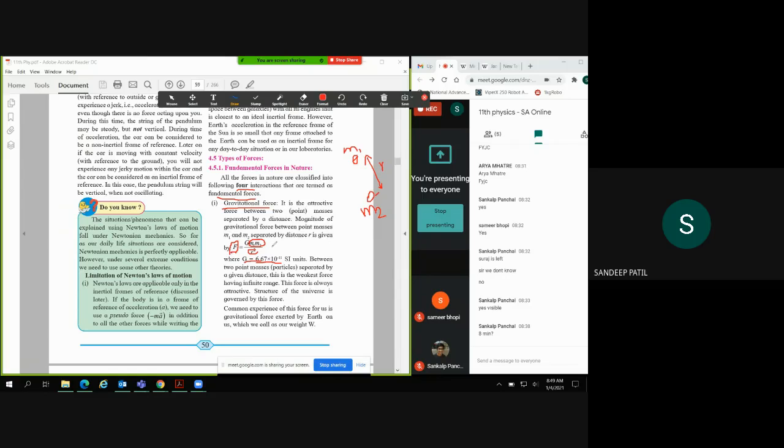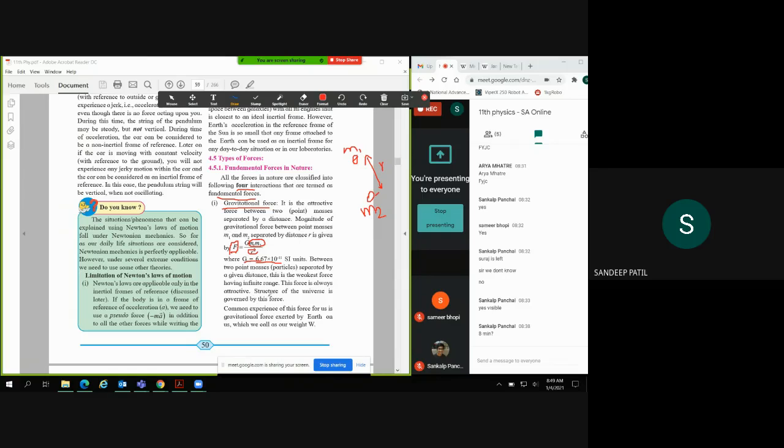To have forces that can be measured or quantified, or which we can use for our day-to-day life calculations, the mass should be very high or the distance should be very small. Then only we can consider this force, otherwise it is the weakest force.